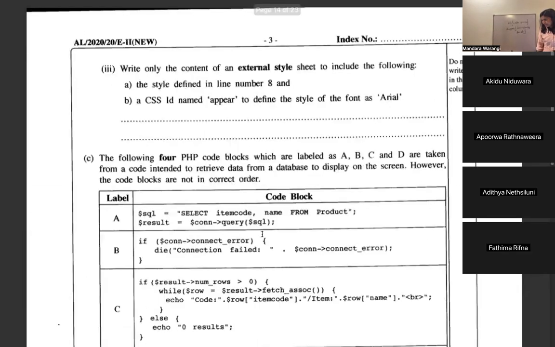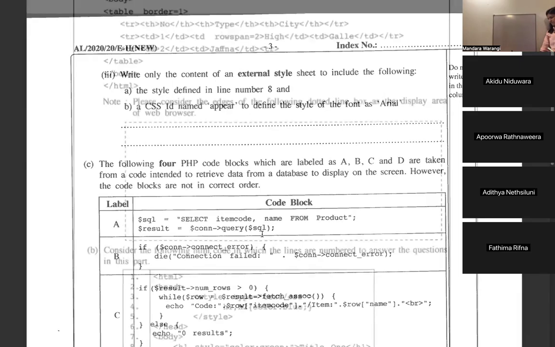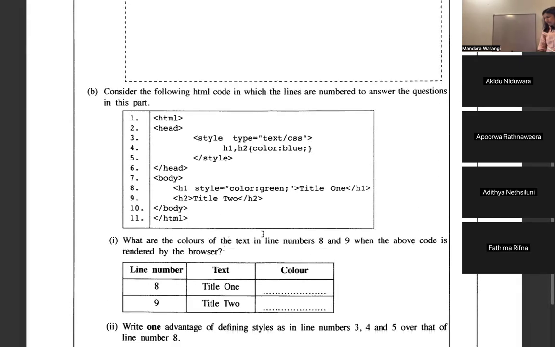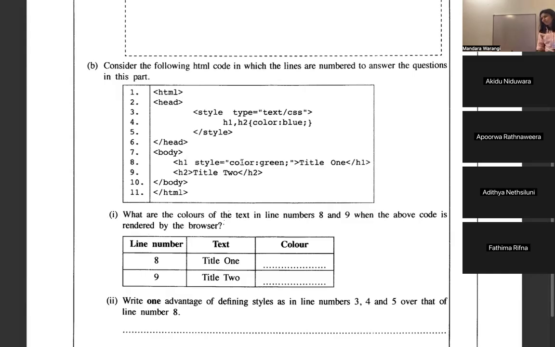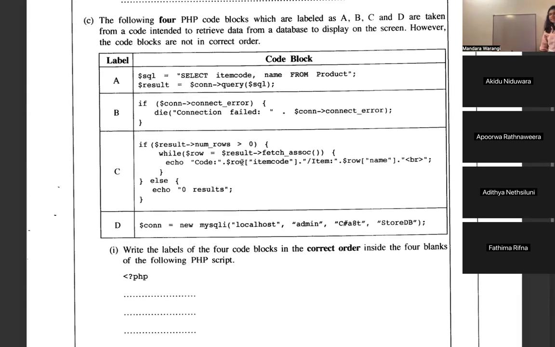Okay. Then we have part C. Part A was on HTML. You can see, this is HTML. Then part B, we discussed CSS. And then part C gathers around the other thing, which is PHP.